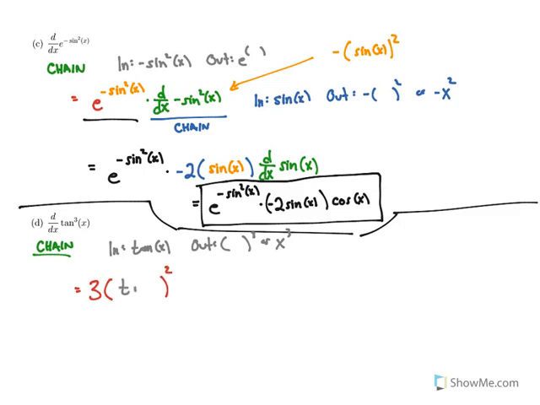That is going to be tangent, the inside function. And then we're going to multiply by the derivative of the inside, tangent. That'll give us our final answer of 3 tangent squared times the derivative of tangent, which is secant squared x.